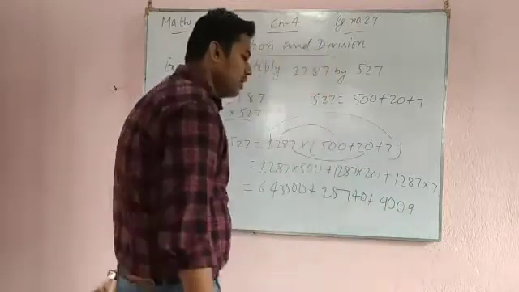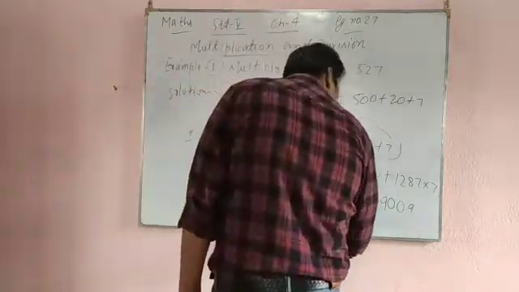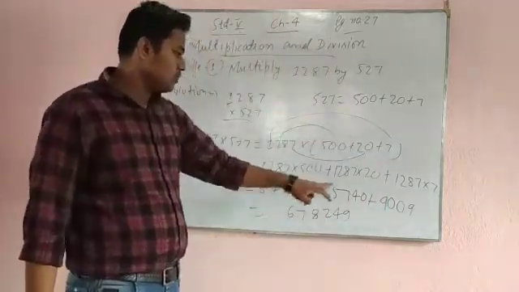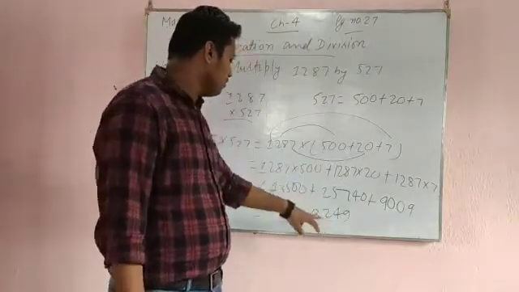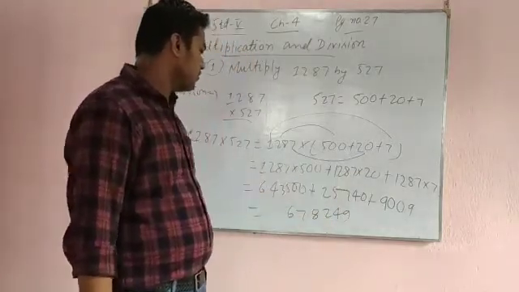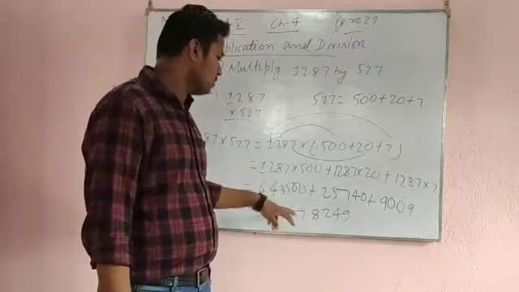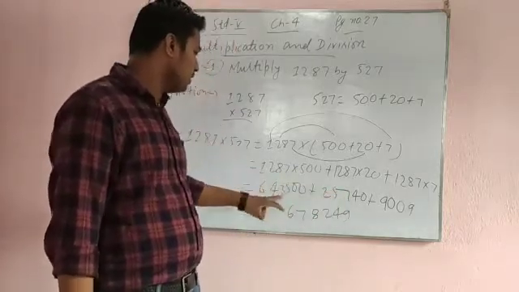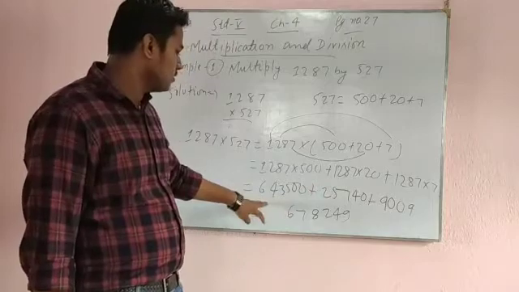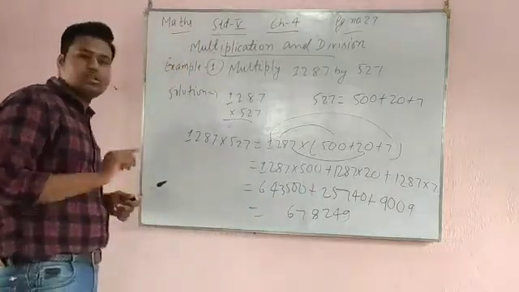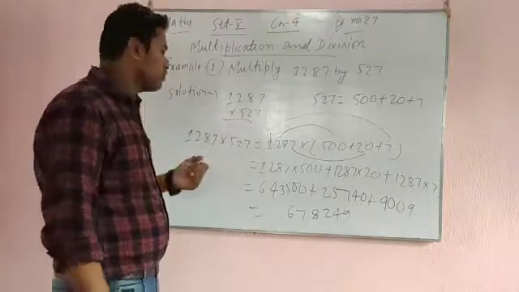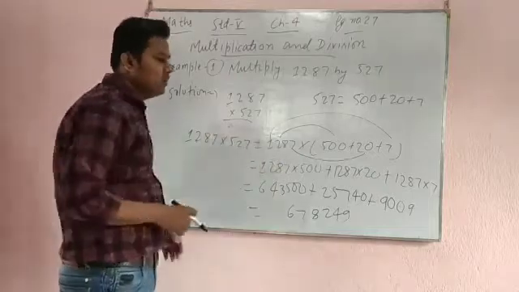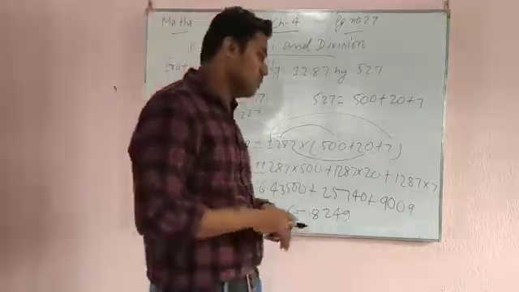Now in the last, add it. 0 plus 9, 9. 0 plus 4, 4. 5 plus 7, 12, carry 1. Understood? When you solve this question, you can solve it by this method also. This method will be a little easier for you, so go for this method.